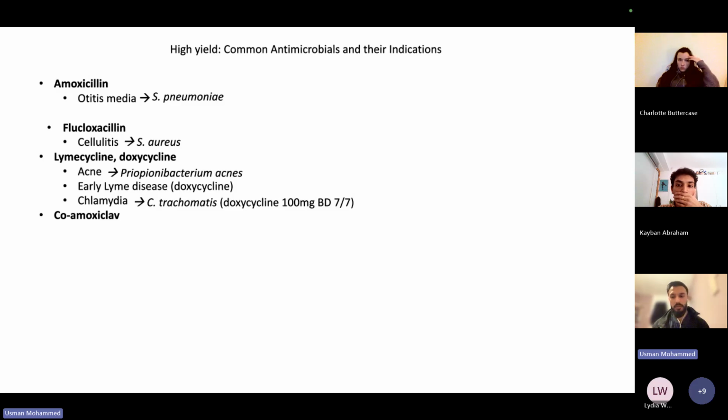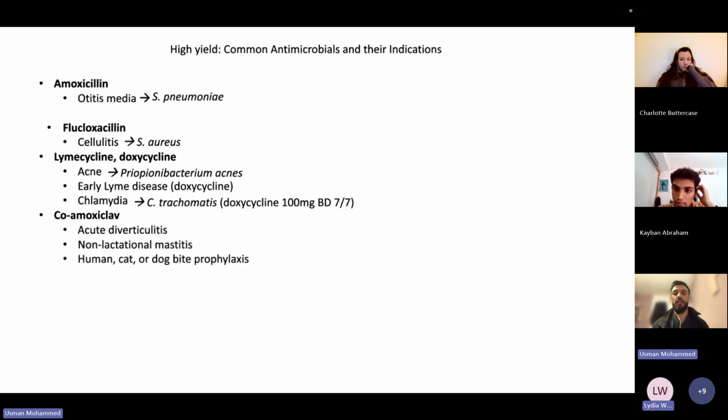And think about breast infections. For those who've done your breast week yet, I don't know if you have. What are we thinking? Mastitis, non-lactational mastitis. So we've got acute diverticulitis, non-lactational mastitis, and human, cat, and dog bites.